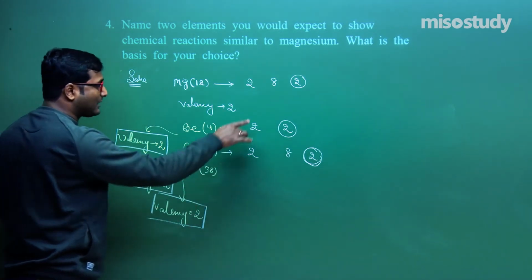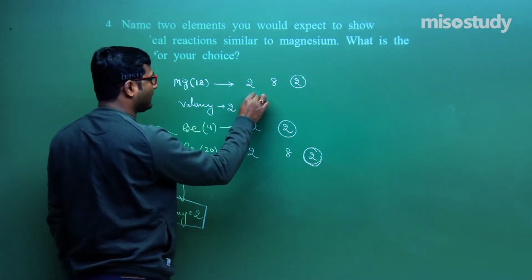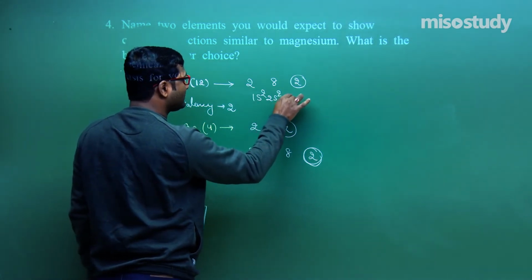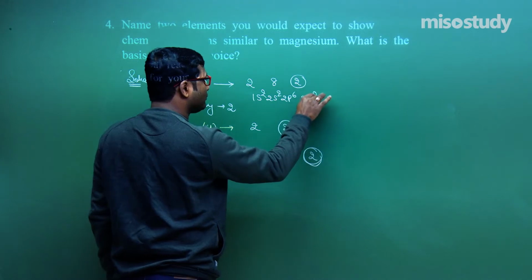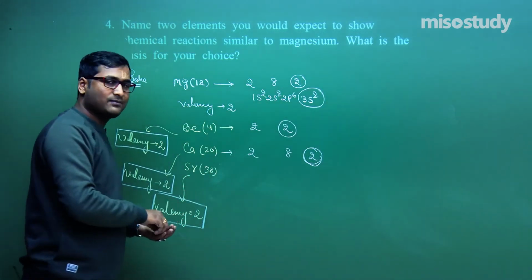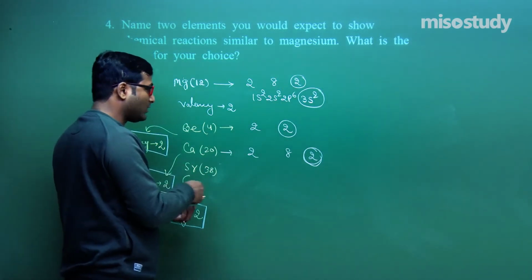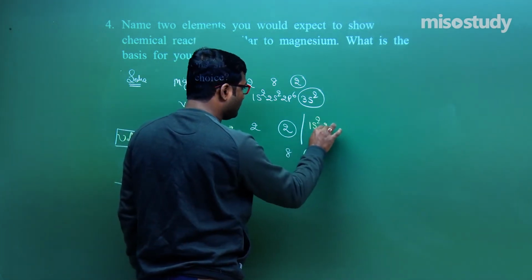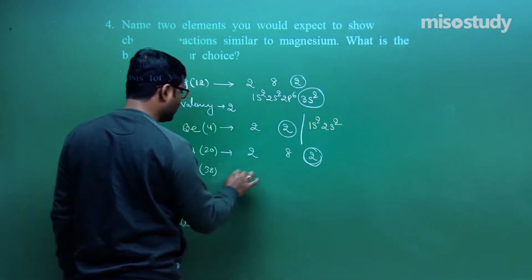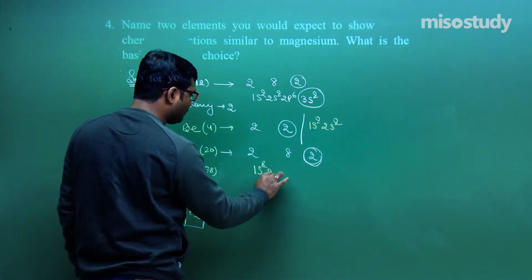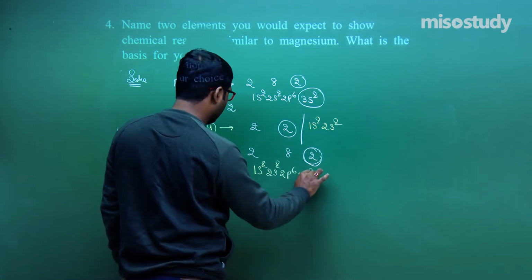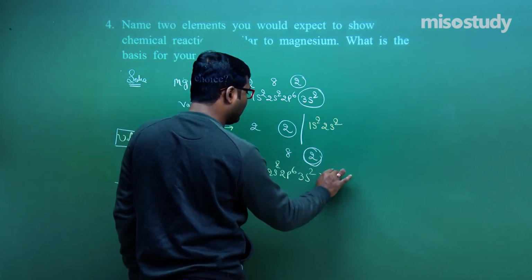If I write the electronic configuration subshell-wise, for magnesium it is 1s2, 2s2, 2p6, 3s2. For beryllium we write 1s2, 2s2. In the case of calcium we write 1s2, 2s2, 2p6, 3s2, 3p6 and 4s2.